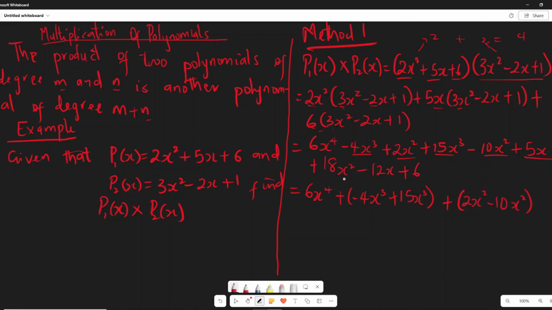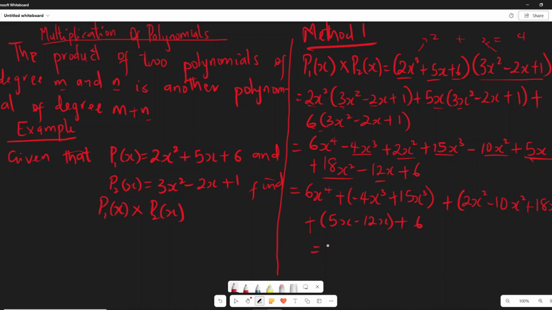And then we also have another like term for x squared, which is 18. So plus 18x squared. Hope you can see that that's plus 18x squared. Okay, so now the second to last is 5x and this. We have plus 5x minus 12x, and then we have lastly plus 6.